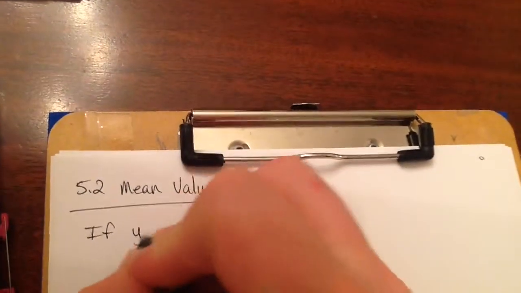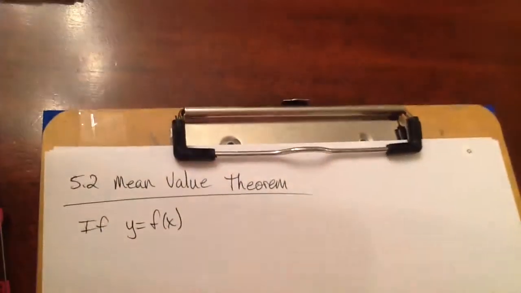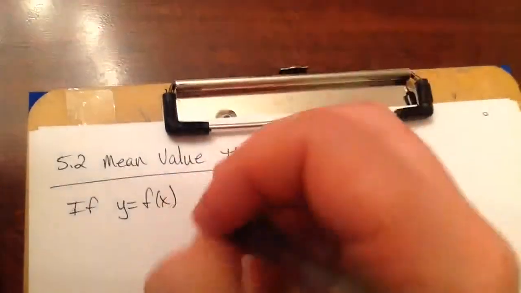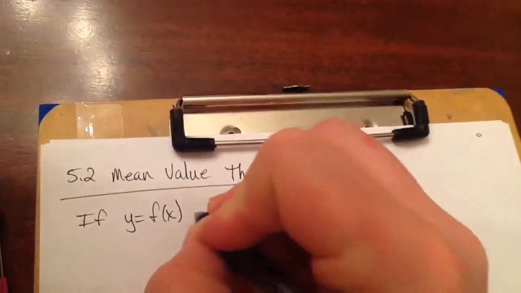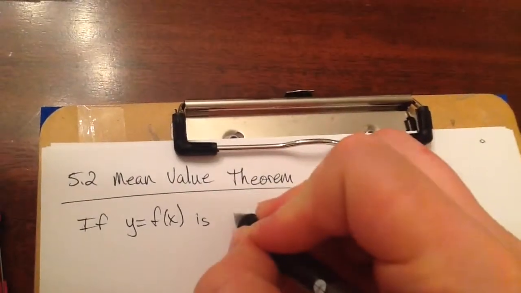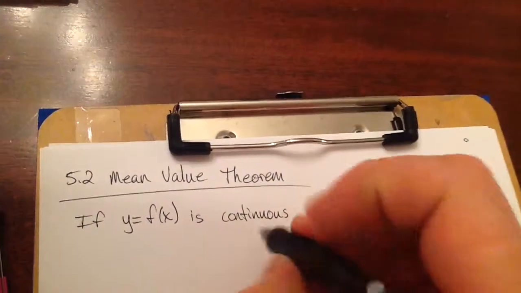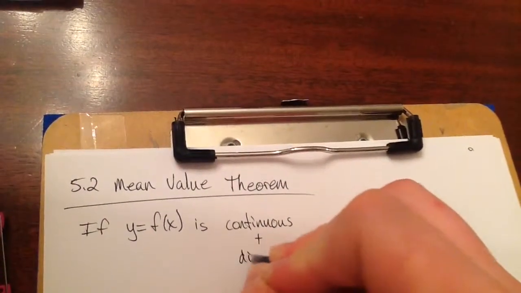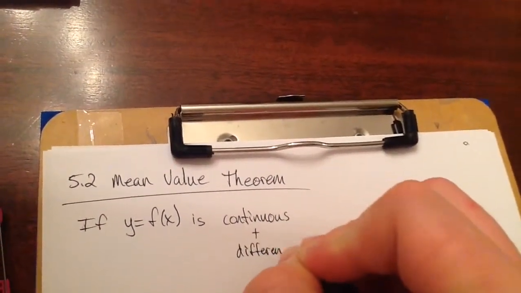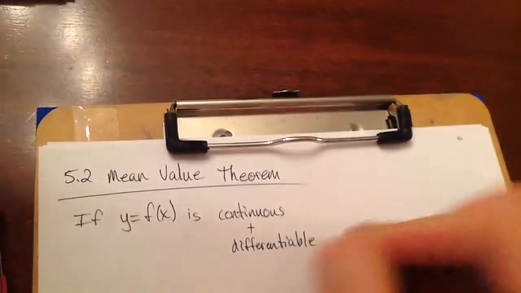If y equals f of x, so we just have a function, right? That's all that says. And if our function is both continuous and differentiable. Remember talking about that when we did limits?